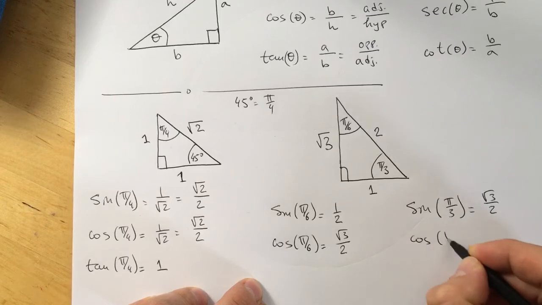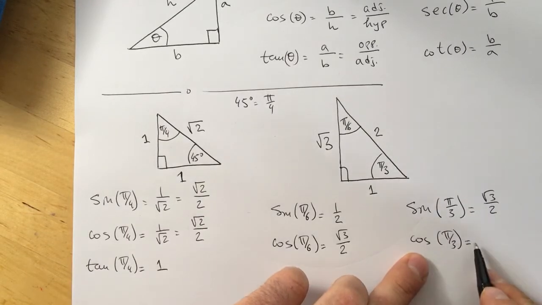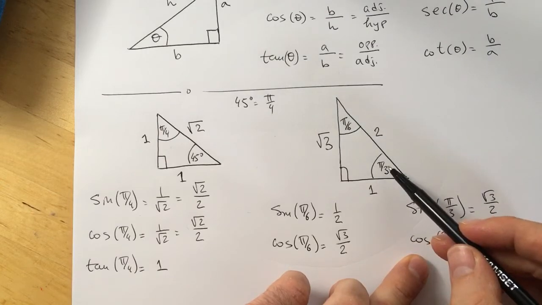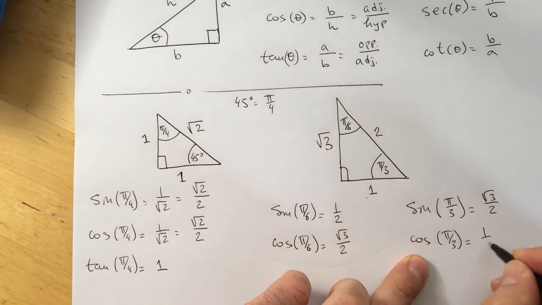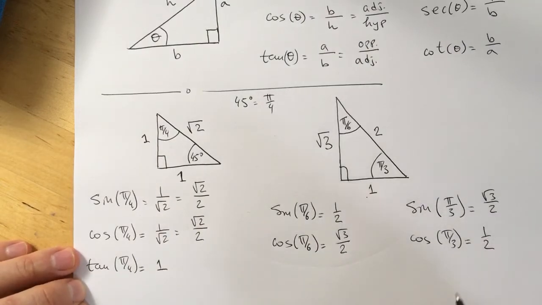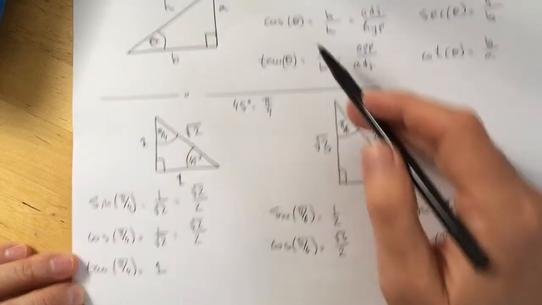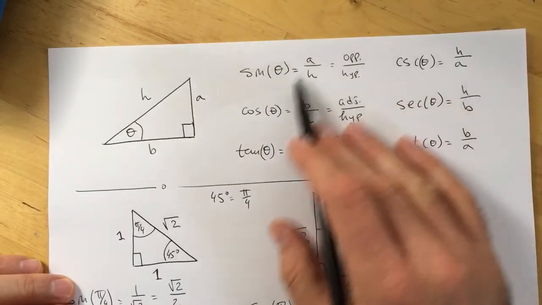And cosine of pi over 3 is equal to adjacent over hypotenuse, right? Once you know sine and cosine of these angles, then you can do all the rest of the trigonometric functions.